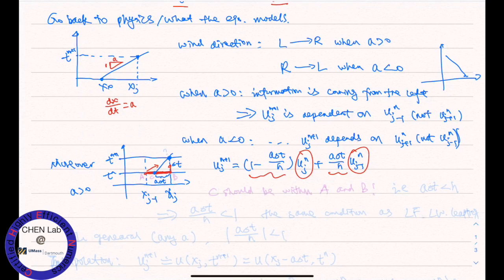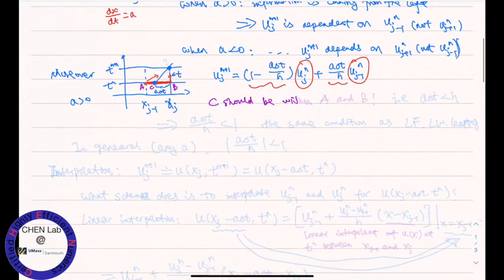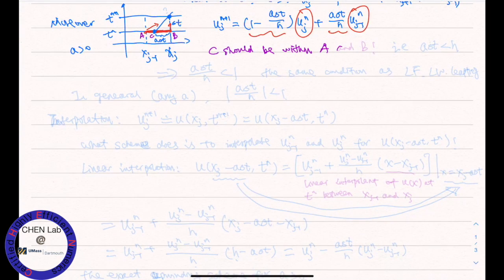And the exact solution, the exact physics, leads us to this location, this black dot. If you give that a name, let's call that C. Here is A and B. So C should be within A and B.